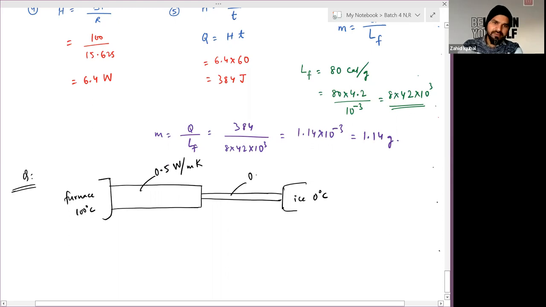This conductor has thermal conductivity 0.8 watt per meter per Kelvin. Length of each is L. Area of cross section of this one is 2A, and for this rod is A. You'll be asked to calculate the temperature of the junction.